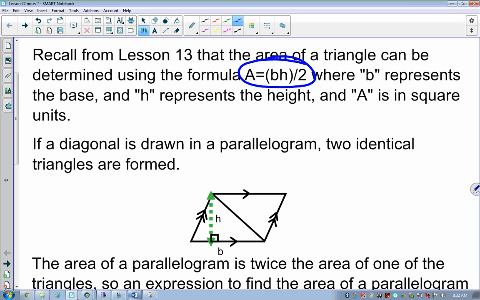If a diagonal is drawn in a parallelogram, we end up with two identical triangles. These two triangles are exactly the same shape and size. So if I can find the area of one triangle, all I'm really doing is doubling it, correct?